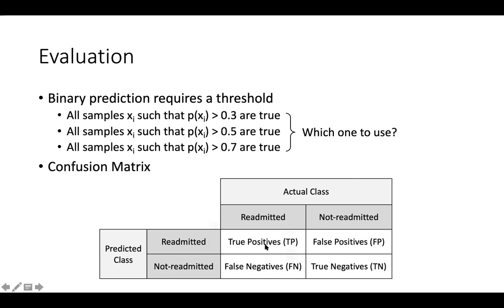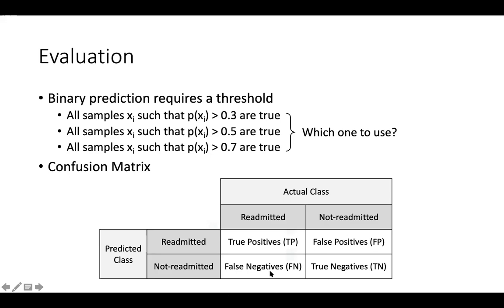Obviously you want your false negatives to be lower. The ideal model would be 0 false negatives and 0 false positives and just 100% trues all the time. But in reality, that's not the case. So you had to choose one over the other.